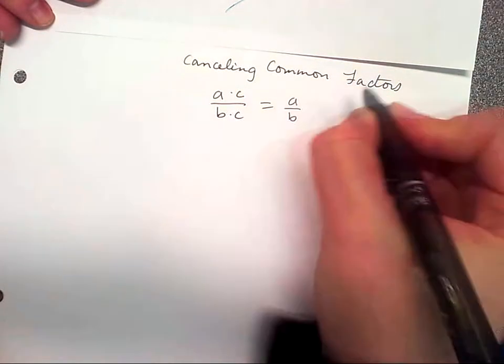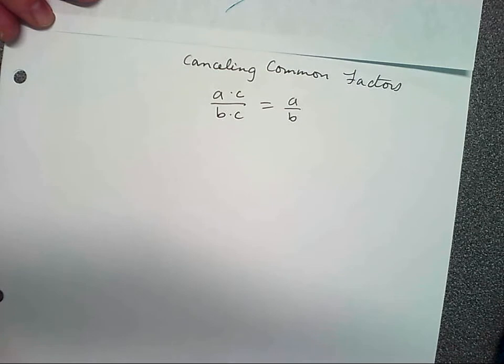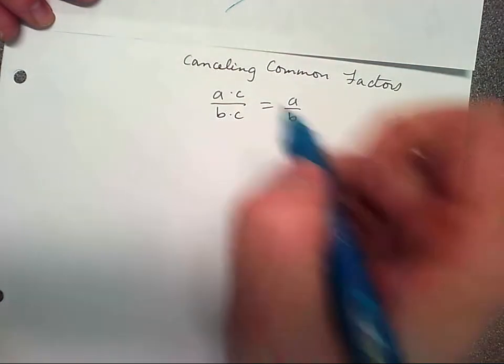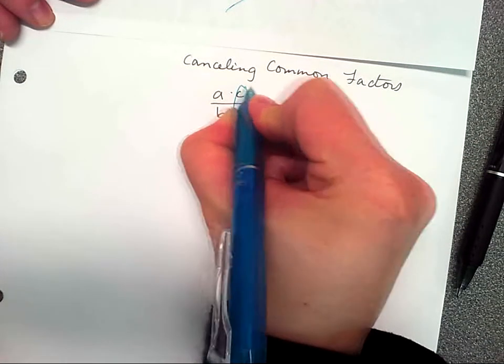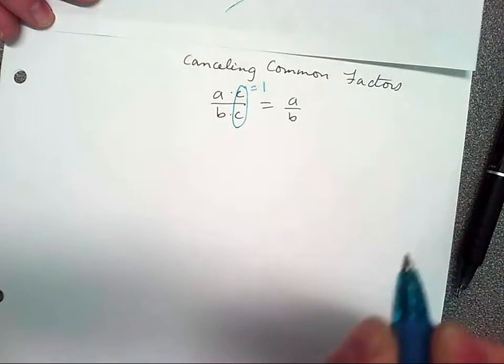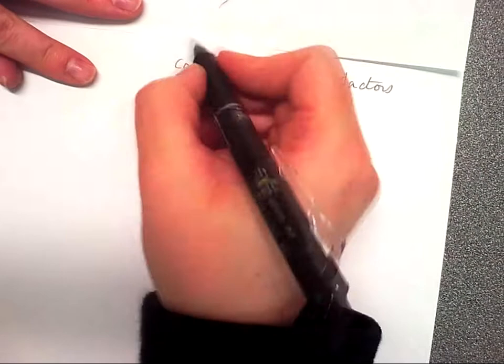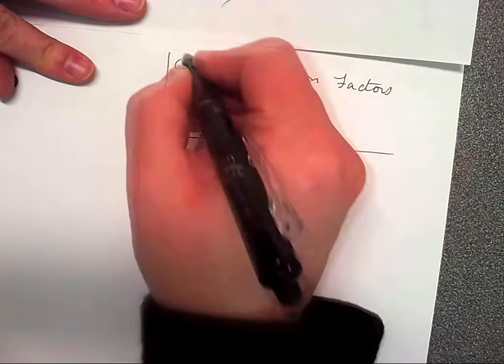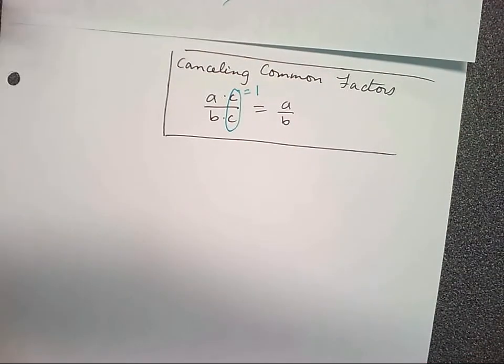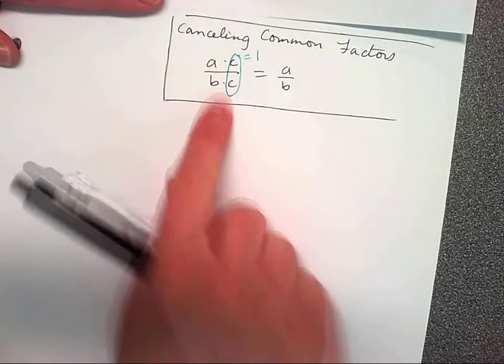How did you get that, Shelby? Just cancel the c's. And why can you do that? Because they're the same. Because c over c equals 1, right? Fine. Take 1 away anytime you want to. Multiply by 1 anytime you want to. Add 0 anytime you want to. We're canceling out 1.